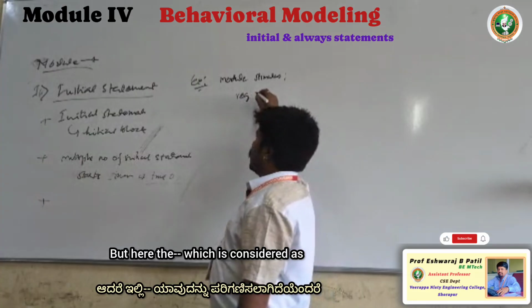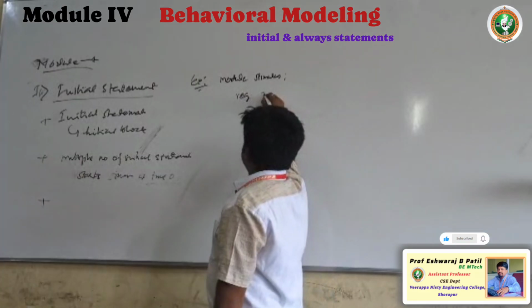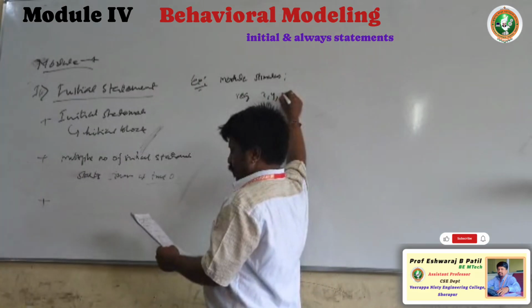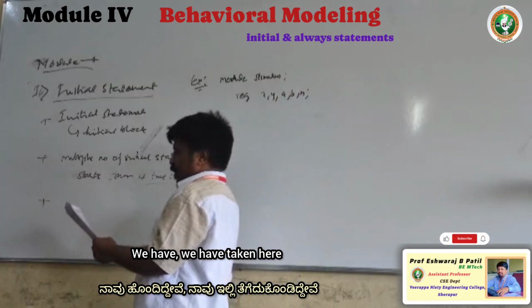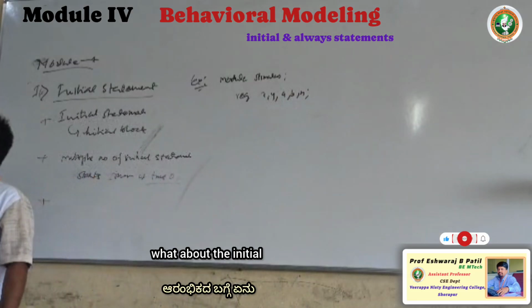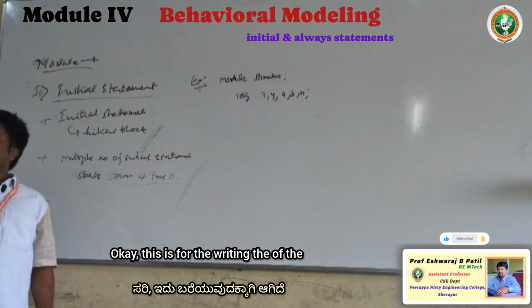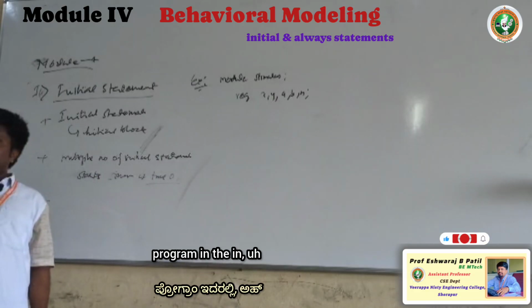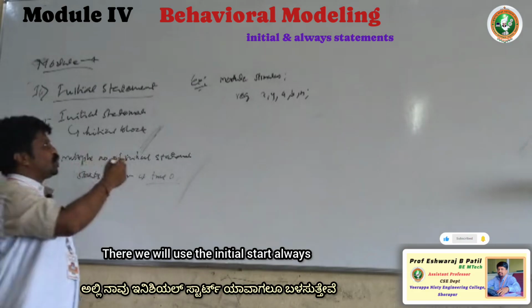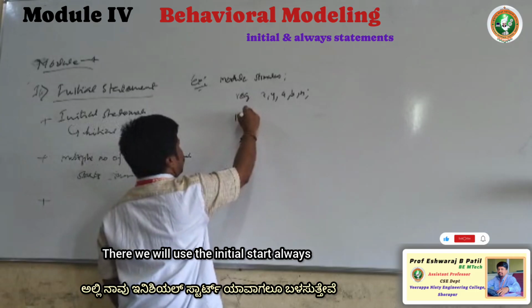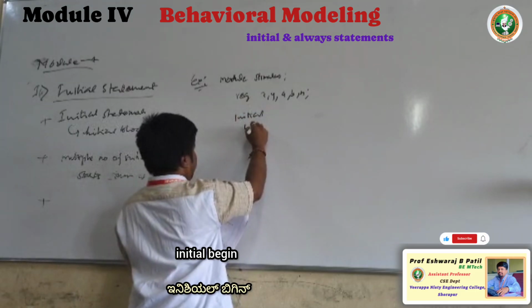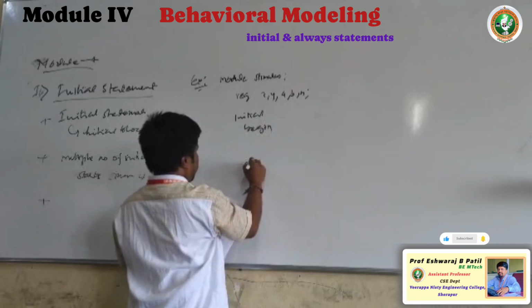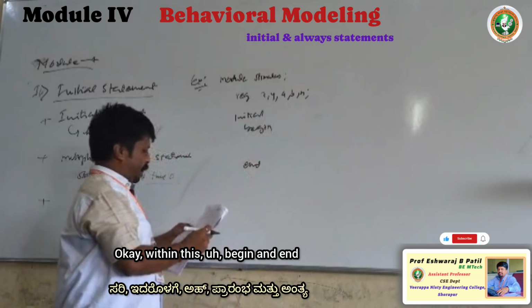But here consider one example: x, y, A, B. Here we mention the initial; this is writing the complete program in the initial step. There we use initial begin and end.